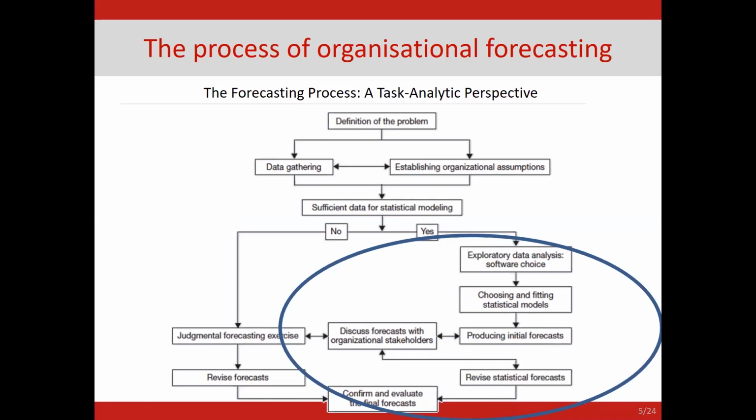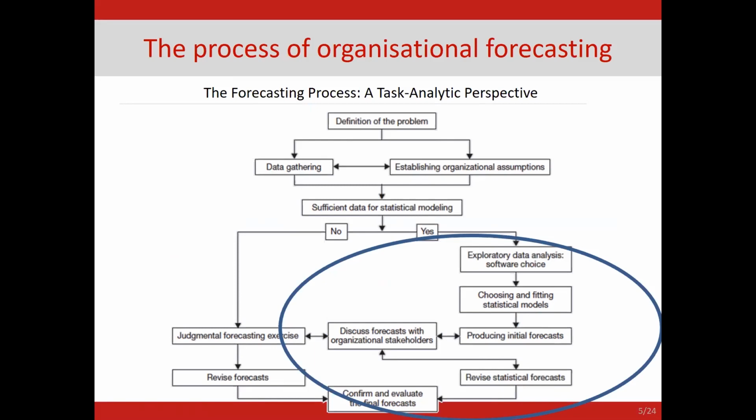Those initial forecasts in most organizational settings, and this includes all retailers, or large retailers certainly, manufacturers, but also weather forecasters and the Bank of England, they essentially will discuss the forecast with the organizational stakeholders, and that potentially leads to a revised statistical forecast because there's been some judgmental intervention which has affected that final forecast.